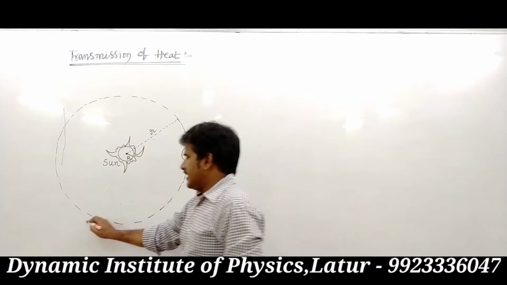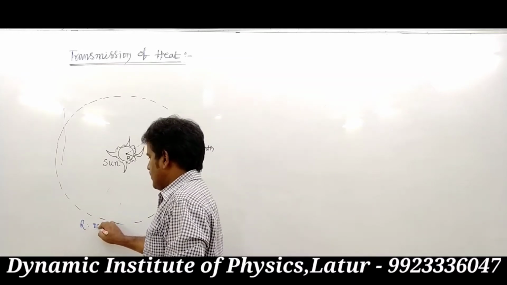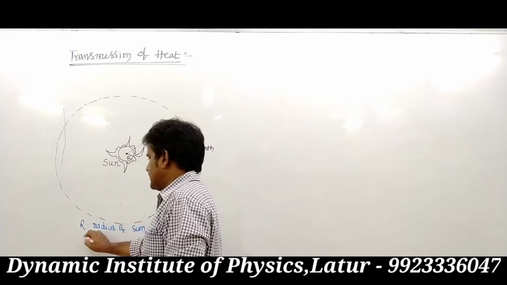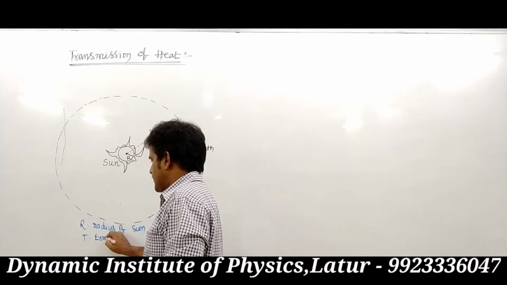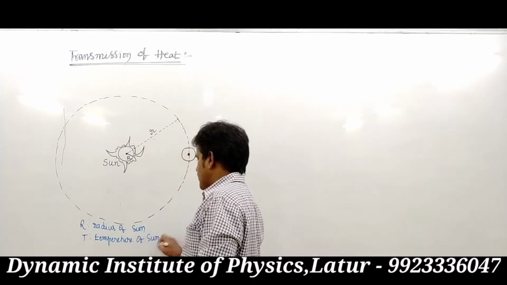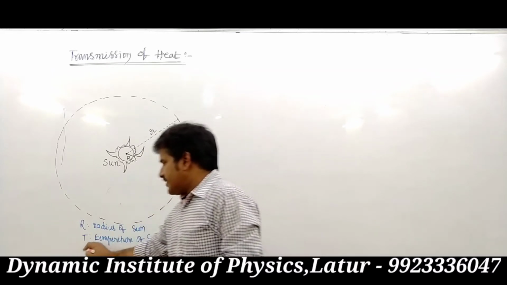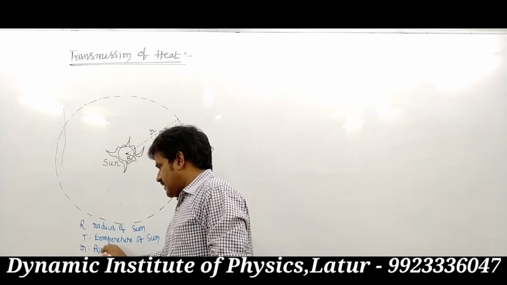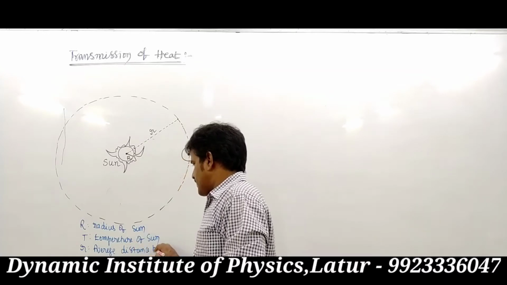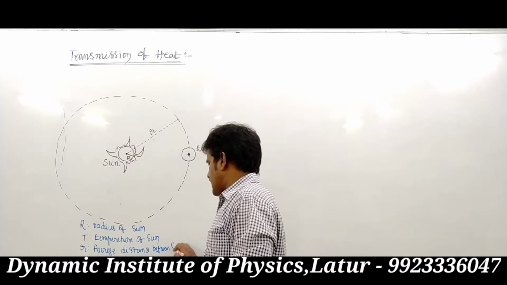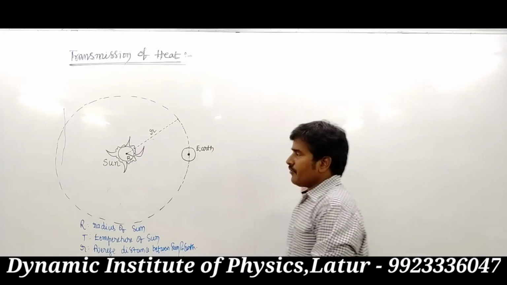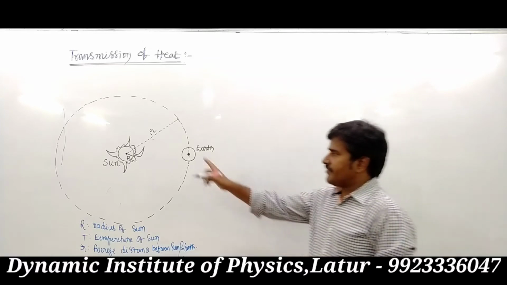Capital R is the radius of the sun, capital T is the temperature of the sun, and small r is the average distance between the sun and earth, which is given.